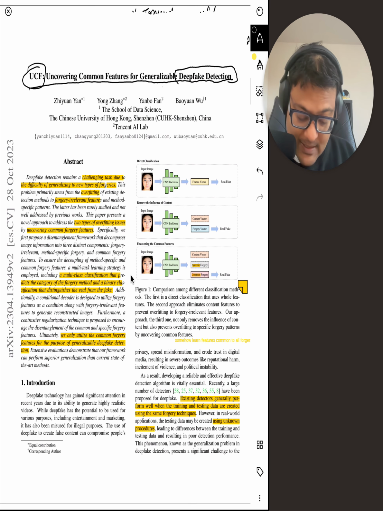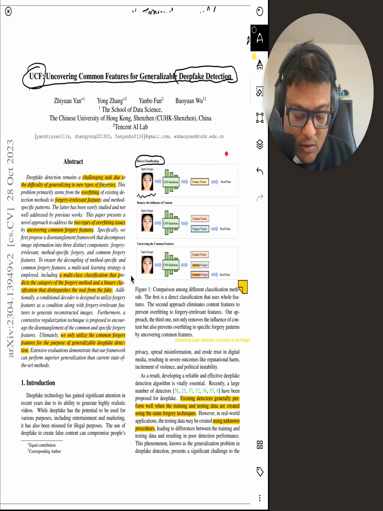The first thing is direct classification, which is one type of possible approach. The naive way to go about solving this problem is to take an input image, and let me zoom in on this figure a little bit.